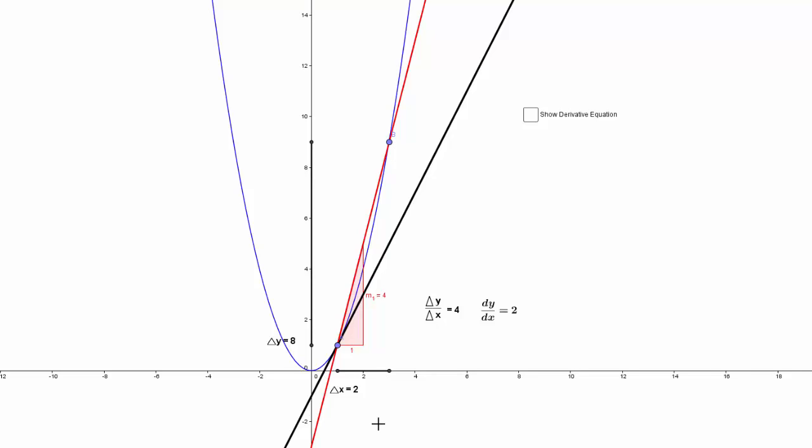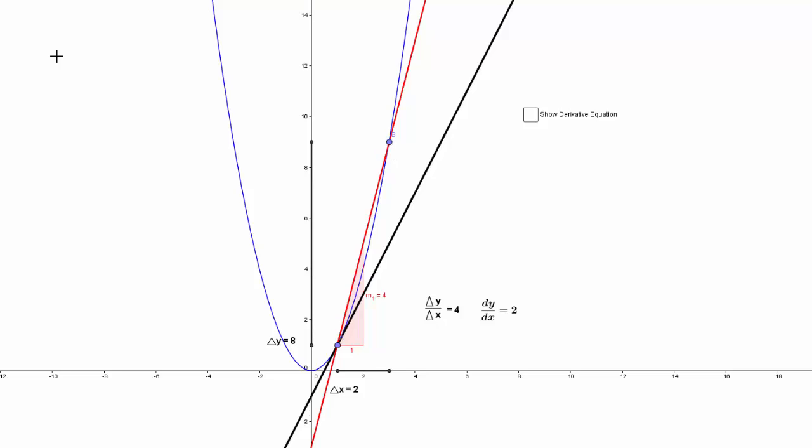And I want to define the y of point B as y of point A plus delta y. The y at point A is 1 and delta y is 8, so the y position of point B is located at y equals 9.